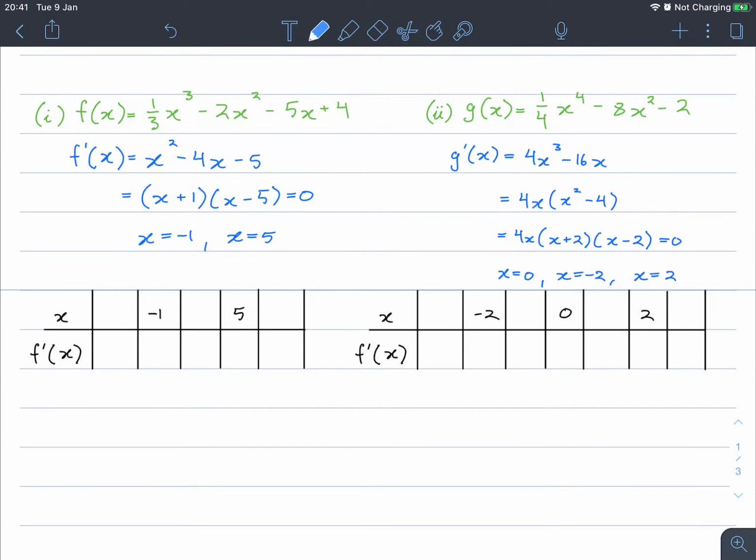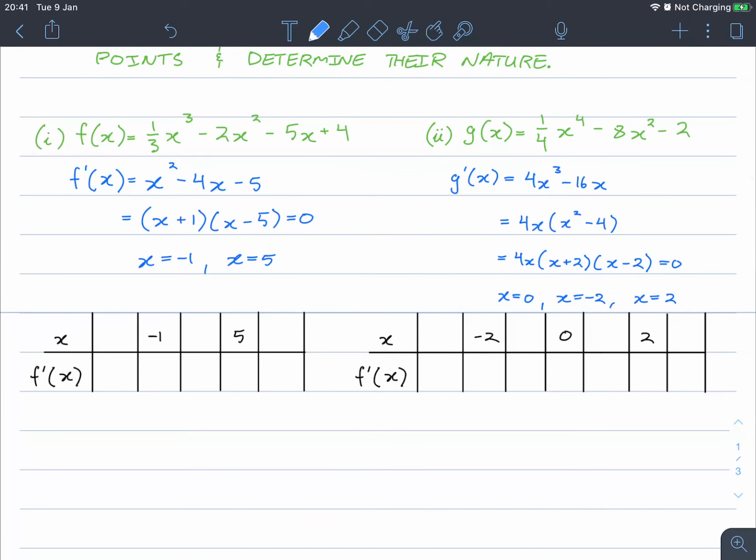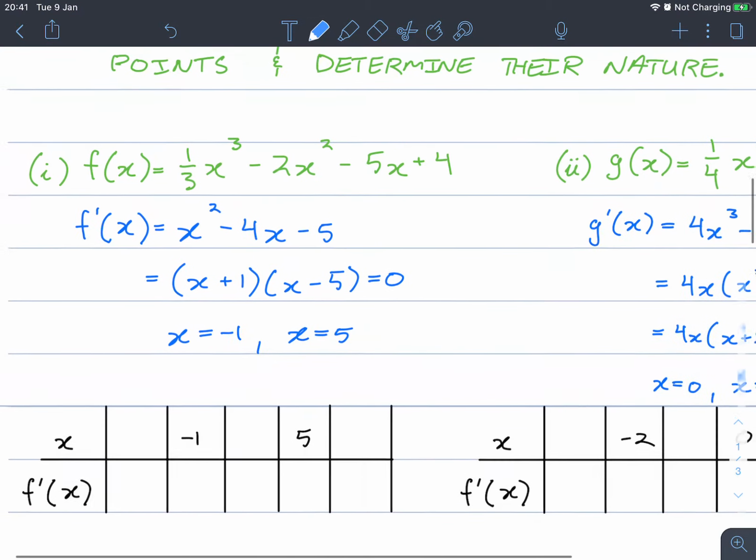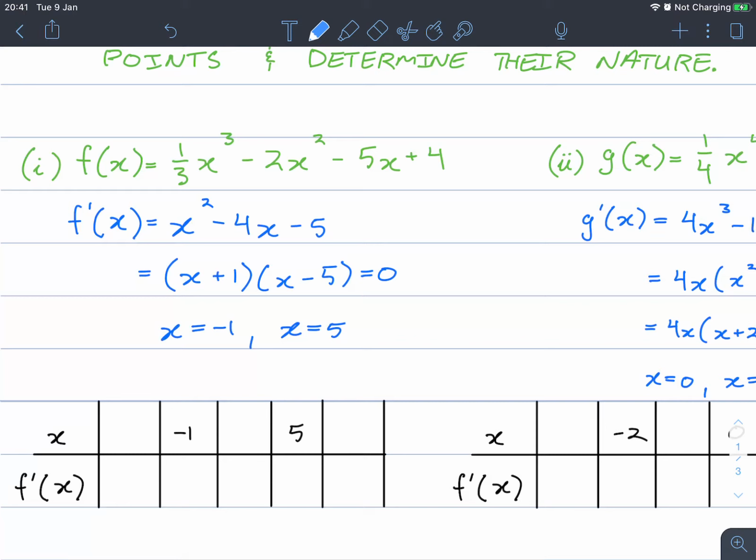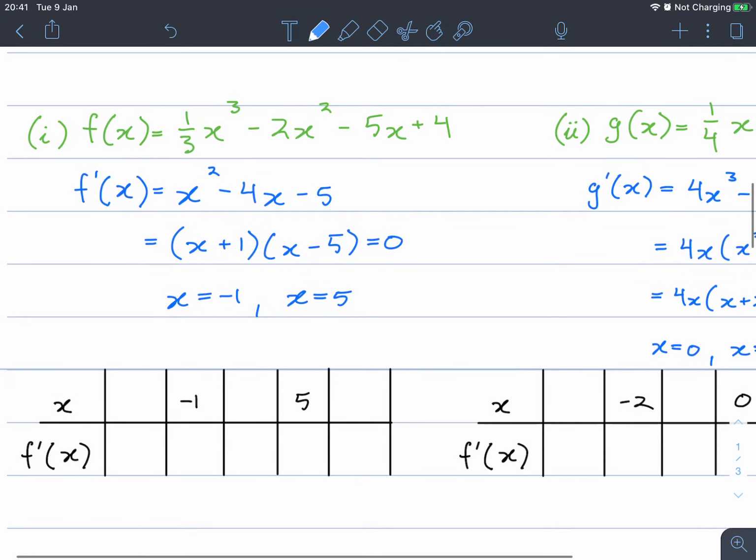In order to find whether a point is a maximum or a minimum, we first find the derivative. Here we are. We factor and solve for f prime equal to 0, which is what we did here. And we found that there are two stationary points at x equals -1 and x equals 5.